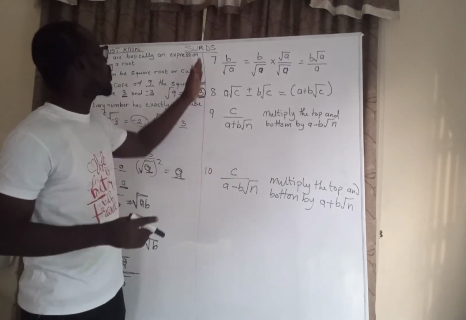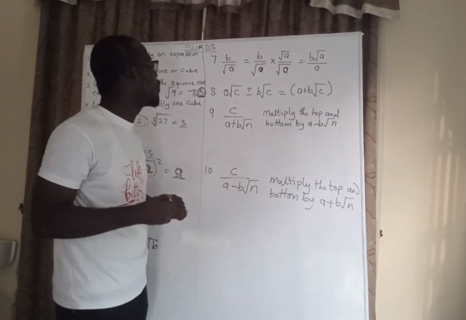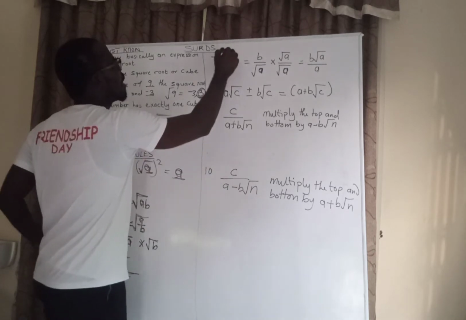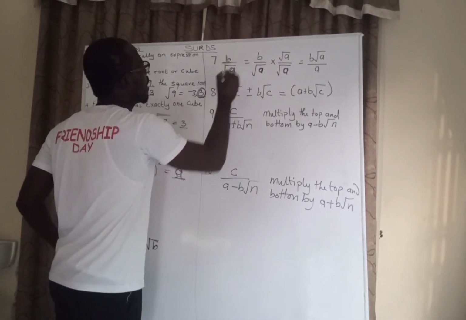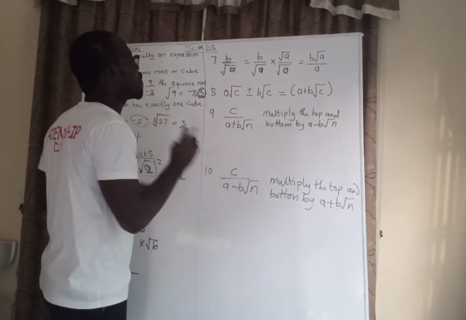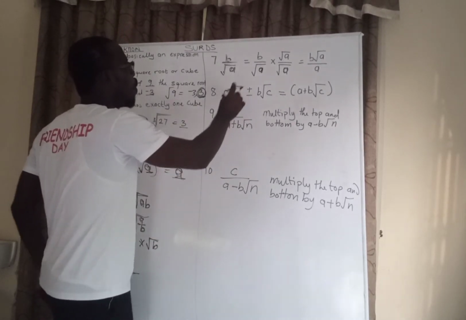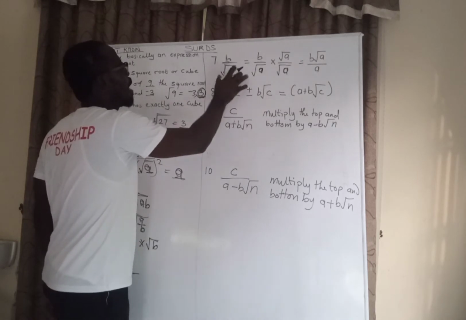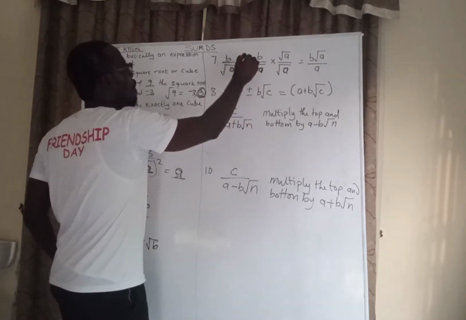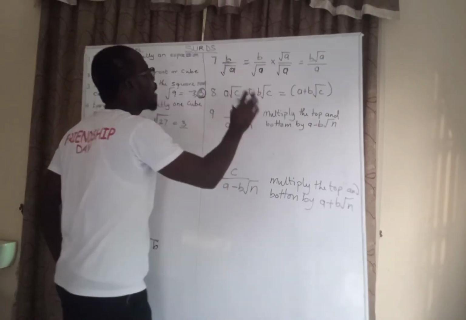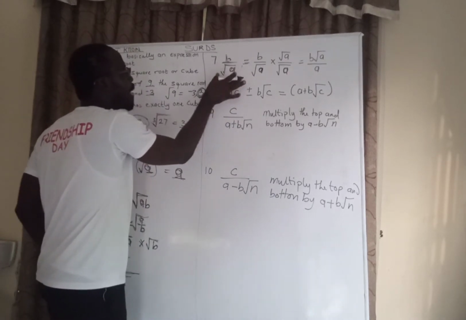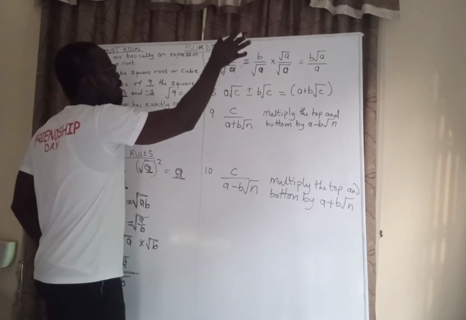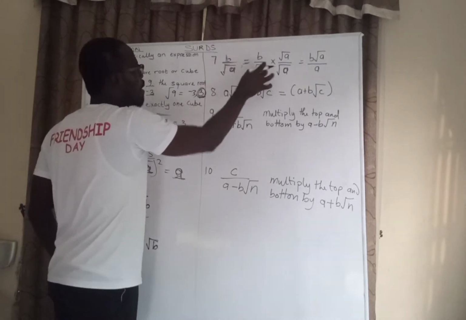All right, so let's move to the seventh golden rule, which states that b over the square root of a can be expressed as, or we can find a solution to this one by simply multiplying the denominator, or if I can say that, the bottom part, with the upper and then the lower.